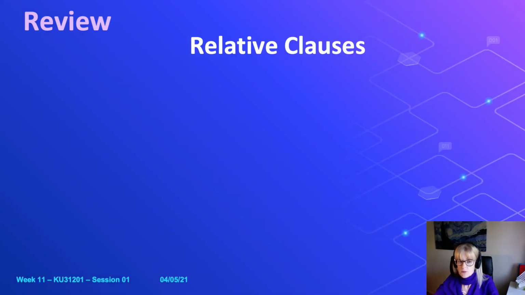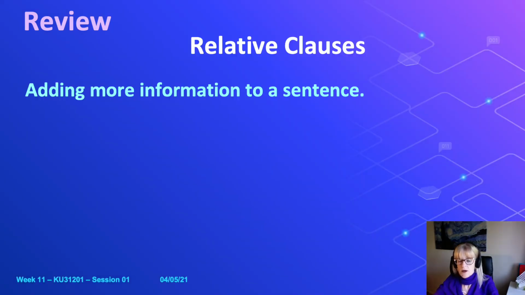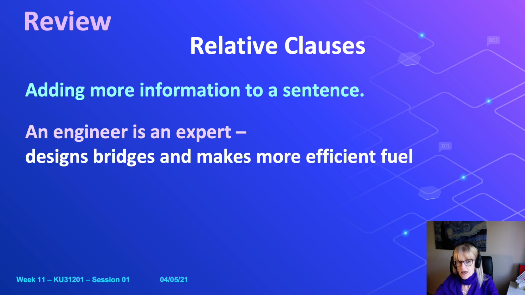The other time that we might use relative clauses is to add more information to a sentence. So here's our subject sentence here. An engineer is an expert. In this particular case, we're talking about transport, so we might be thinking about engineers that design bridges and make more efficient fuel. So to add that extra information to the first sentence, we are going to use a relative clause.